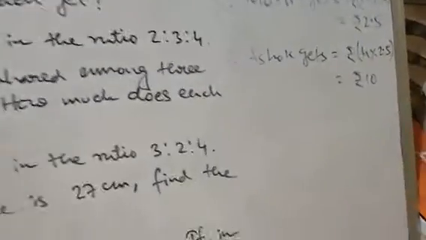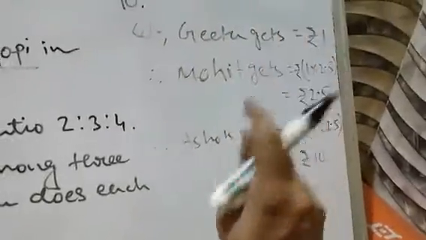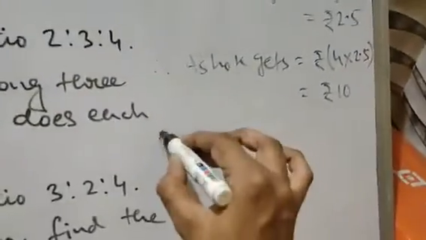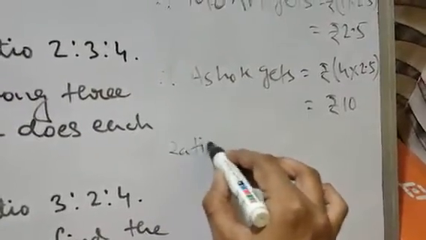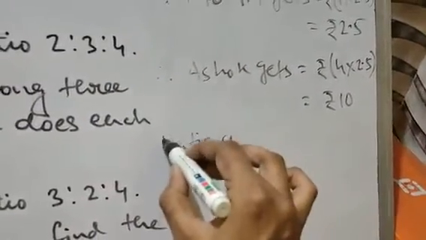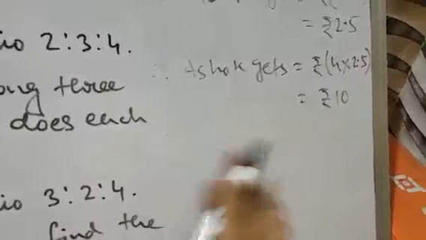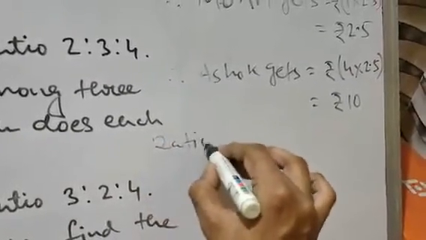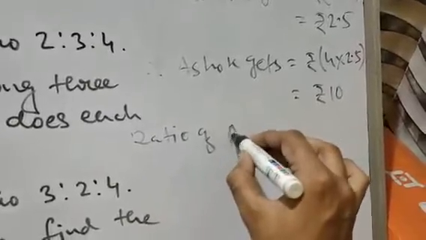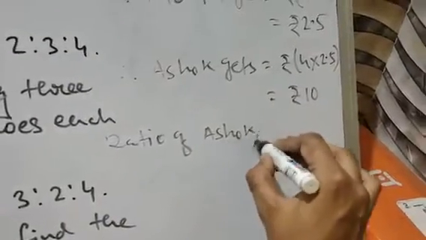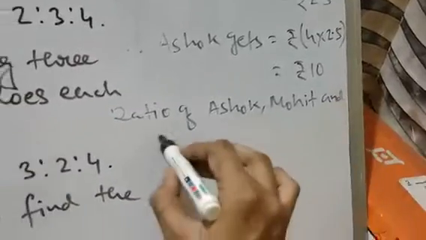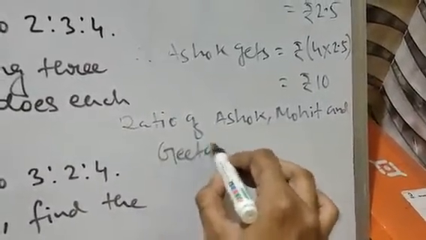Clear? And now find out the ratio of Ashok, Mohit and Geeta. So write like this, ratio of Ashok, Mohit and Geeta.